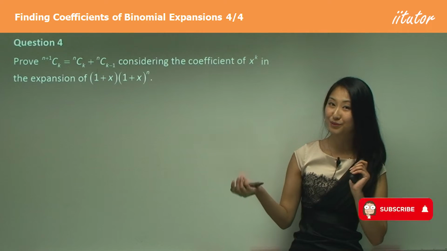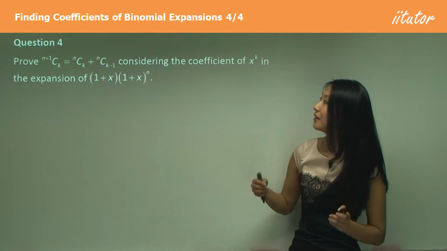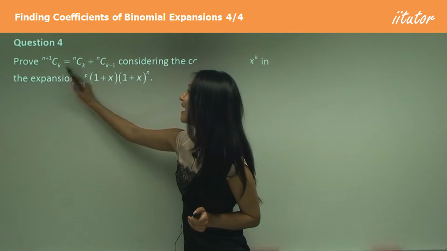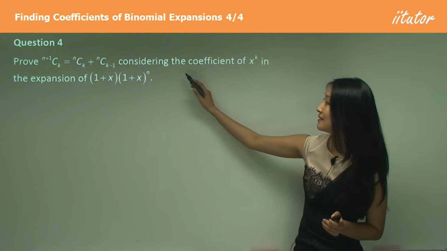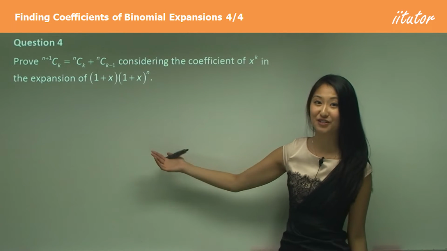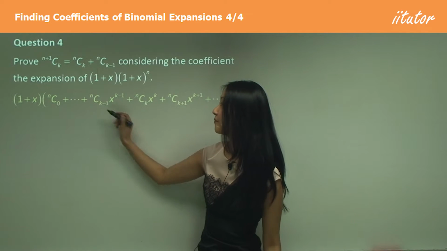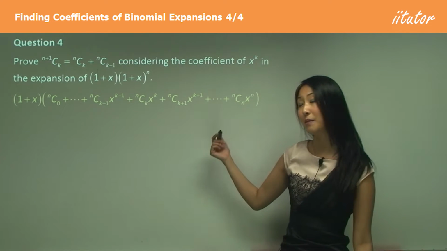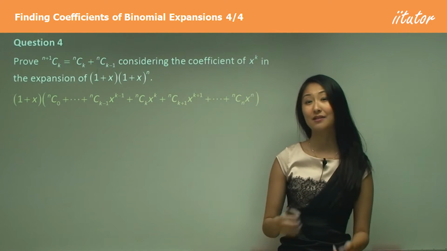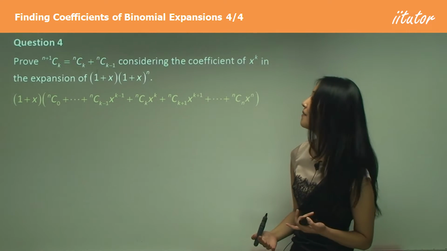Okay, so it's a prove question, which means that you want to show this side equals that side. And because it's telling you to consider this, we're going to do what the question says, which is to consider the expansion of that. Remember, because 1 to the power of n always equals 1, we don't need to worry about it.